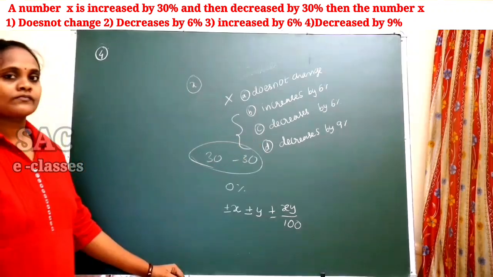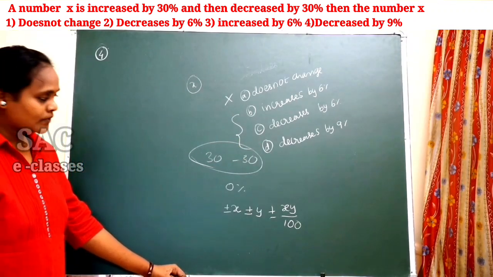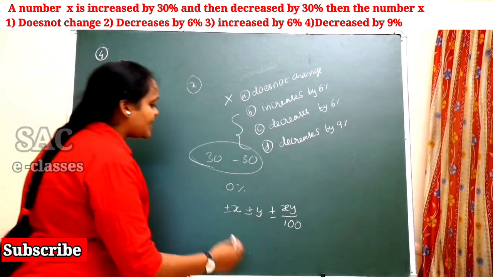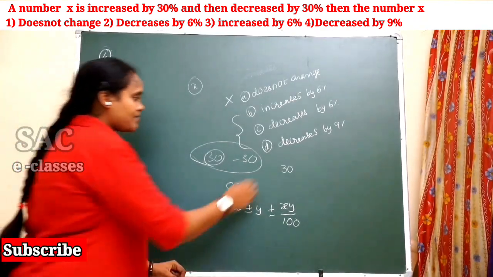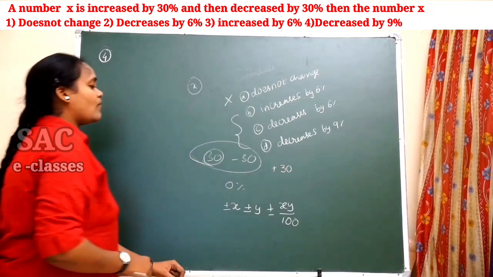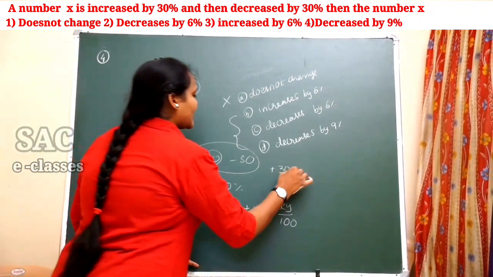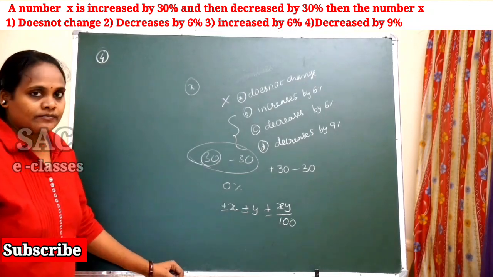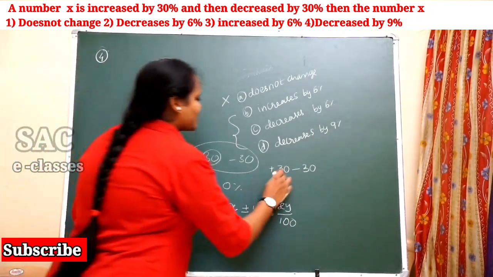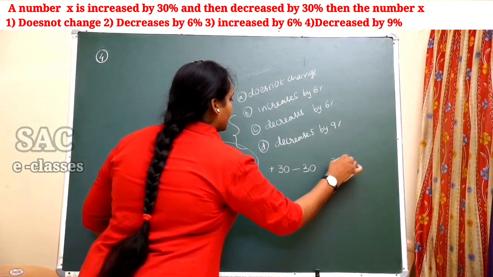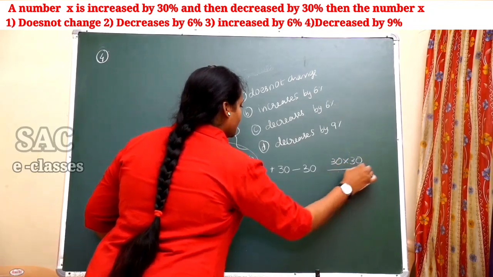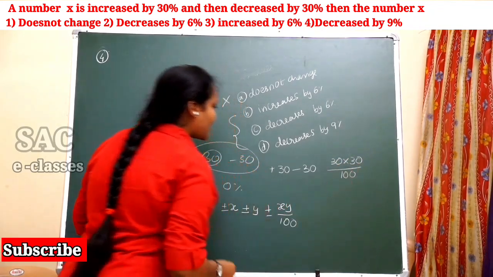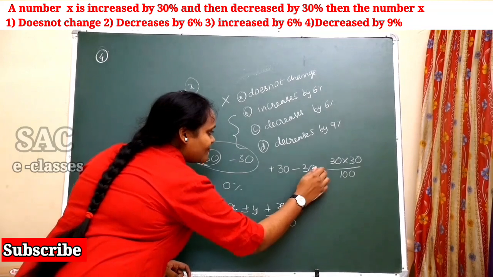First of all, what is the first change? 30% increase or decrease? Increase means plus 30. What happened next time? 30% decrease. So take it as minus 30. What happened? x into y, 30 into 30 by 100.